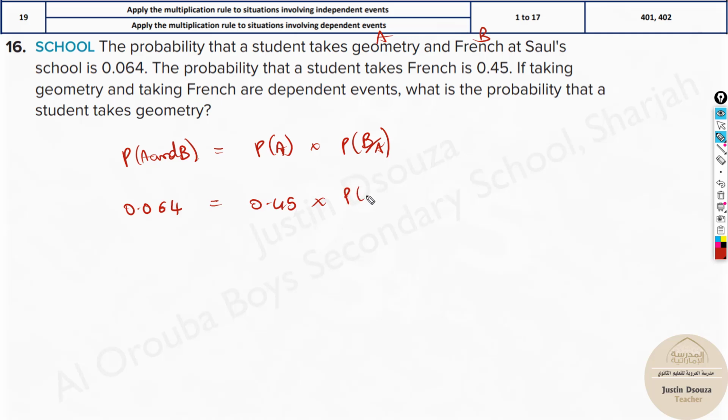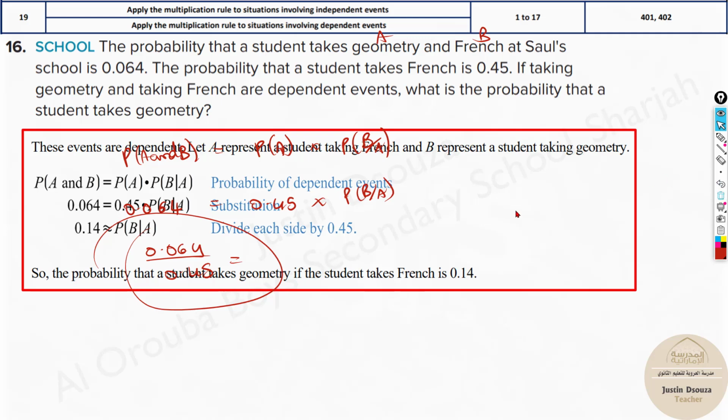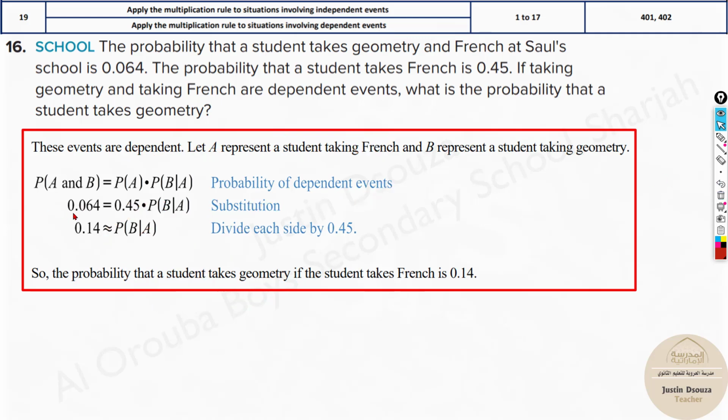Now we need to just find this probability of B given A. So just take it to the other side and solve. 0.064 divided by 0.45 would be the answer. That's it. If you know the formula, it is very simple to solve. Now you can see here they have written this, and you just take this to the other side and divide. So it is 0.14 or 14% chance that the student takes geometry as well.